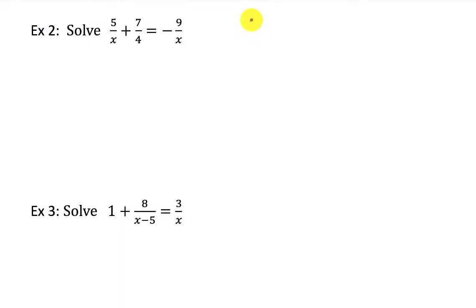The least common denominator in this case ends up being 4 times x. So if we multiply everything by 4x, we're going to basically get rid of that denominator.